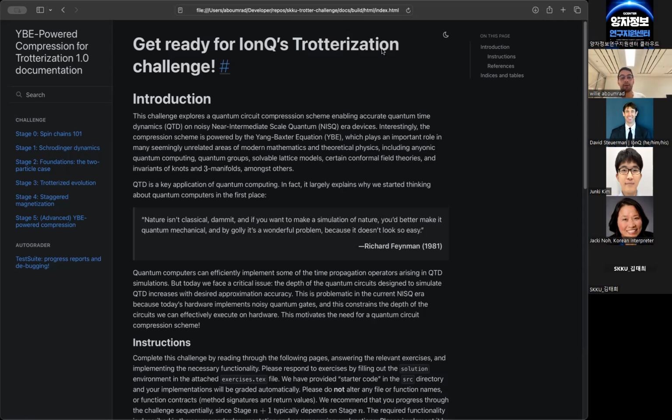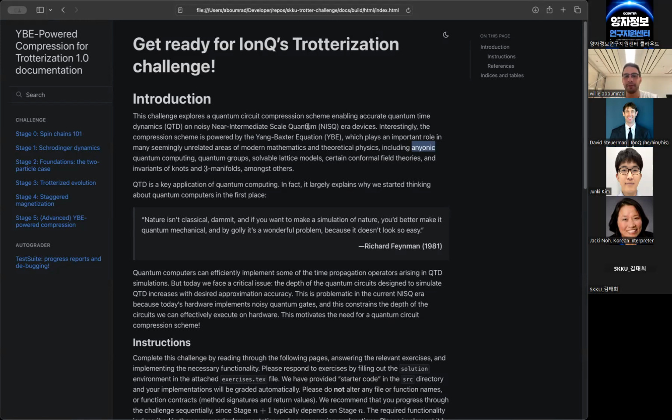This compression scheme is powered by something that's known as the Yang-Baxter equation. So we'll talk about it a bit later on in the guise of a symmetry or reflection identity. But this equation appears in many seemingly unrelated areas of modern math and theoretical physics. So I find that quite fascinating. In fact, before I was working at IonQ, I was doing a lot of research into topological quantum computing, which is based on things called anyons.